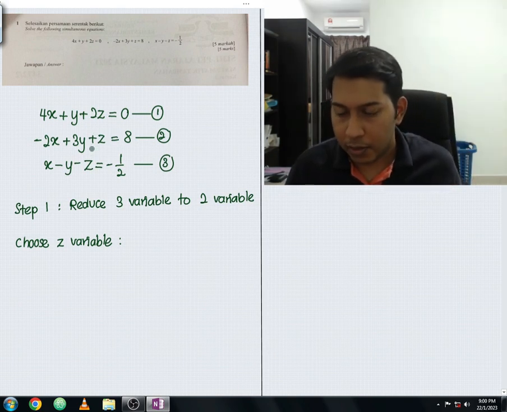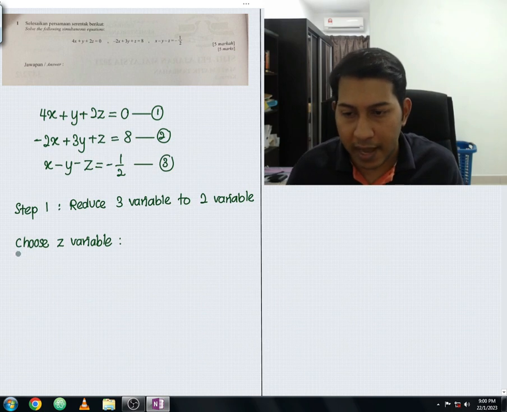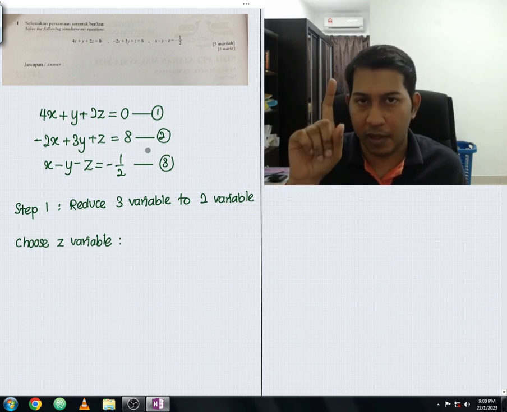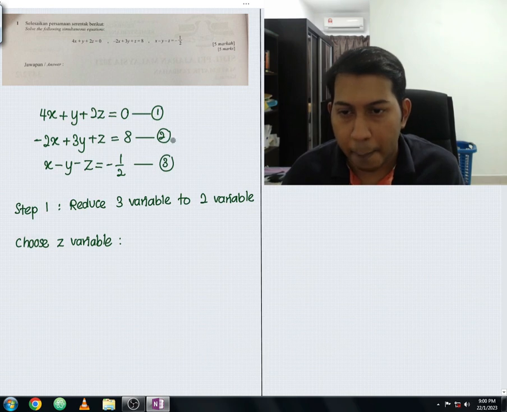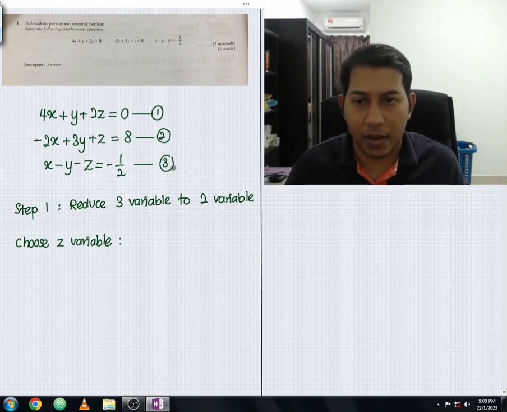Okay, so there will be two steps in order for us to eliminate the z variable. Okay, so from here, equation 1 we can minus with equation 2. Okay, that will be the first working. Okay, and then the second working will be equation 2 plus with equation 3. Okay, because why?